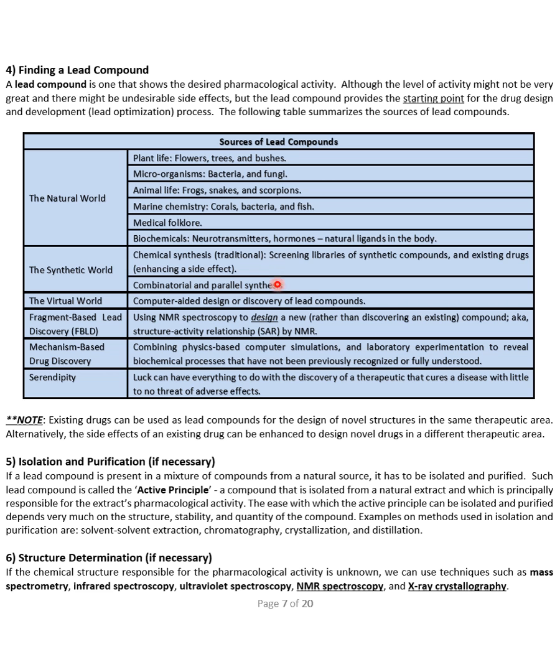And the same with the parallel synthesis. You basically start with one functional group or one starting material, and then you synthesize others based on the predefined chemical reactions. So the synthetic world represents another source where you could dig in order to find a lead compound.